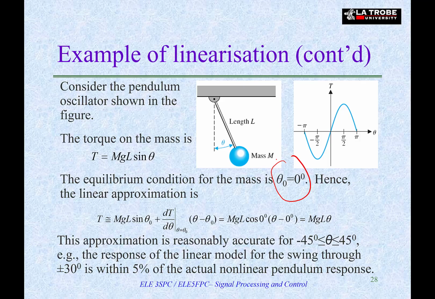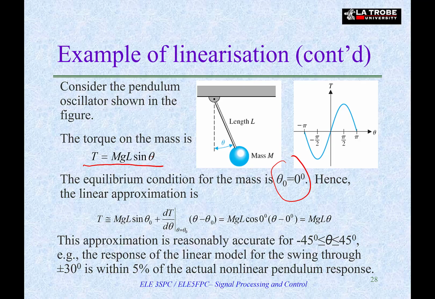Based on the knowledge of the pendulum, we can easily write out the equation describing the movement of the pendulum. And that equation is the torque equation, T here, capital T. To find the linear approximation of the equation described by T equals mgl sine theta, we need to use Taylor series expansion.